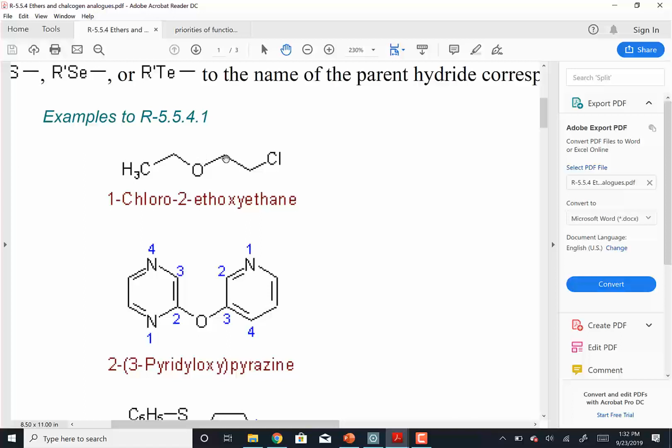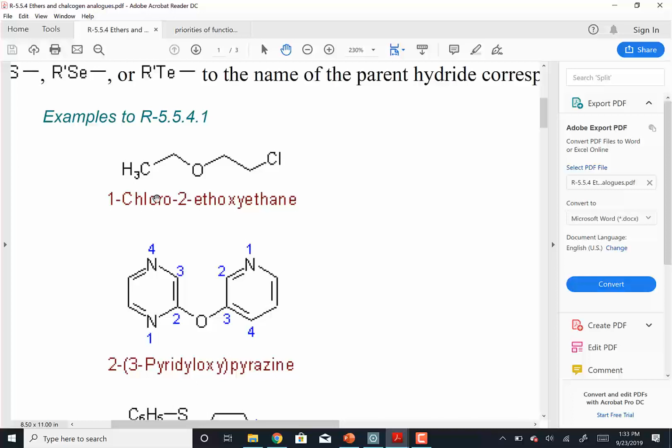If I go to this as my parent chain, I've got an ethoxy group here and a chloro here. How am I going to number it? I'm going to number it from the end closest to the first substituent, but I have 2 carbons each having a substituent, so I'm tied. So now I number it from the end closest to the first alphabetized substituent, which in this case is the chloro.